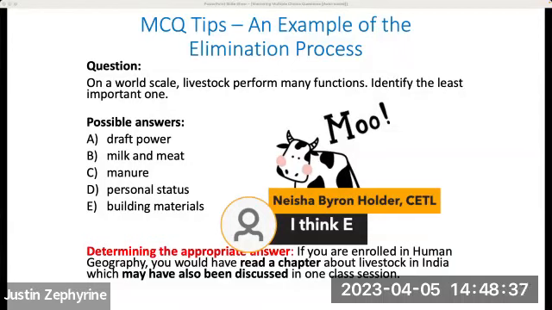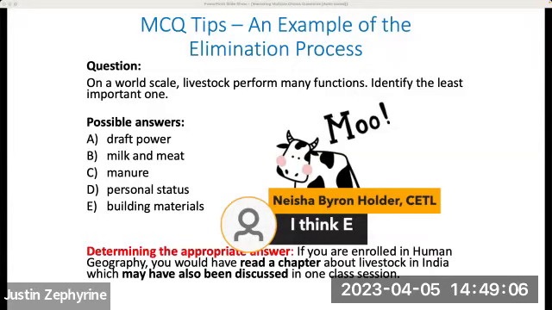But you talk about livestock. I don't know what was discussed about livestock in the class, but livestock spans across different types of animals. So I go back to the question and I look and I say identify the least important one when it comes to livestock. I don't even bother to look at the thing at the bottom anymore because that's not true anymore. And I will say building materials, because I can't see using livestock in terms of building material.